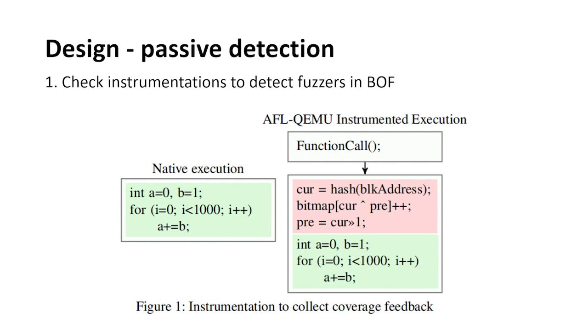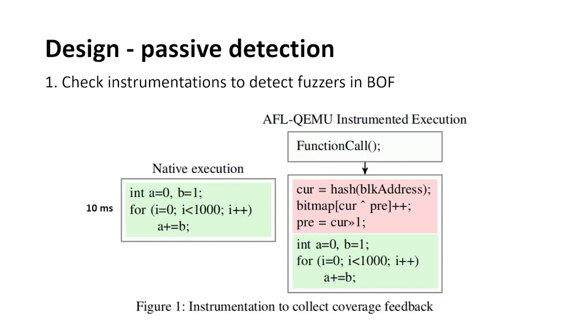The first method is to utilize the timing gap between normal execution and that with a binary-only fuzzer. Here is an example. Suppose the green code in the figure on the left takes 10 milliseconds, and this code will be close to the running time of the red instrumentation on the right.